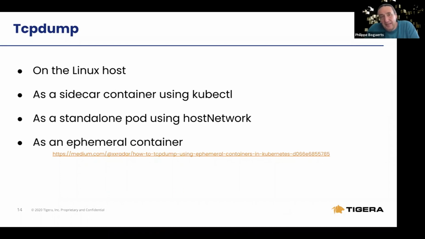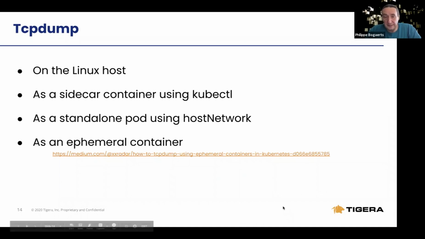In Calico, as I mentioned, you might have cali interfaces. In that case, it becomes easier because you can do a tcpdump on that cali interface and intercept the traffic of that pod. But this only works when you have cali interfaces. So I tried to figure out a more general way that also works in cloud environments and so on.